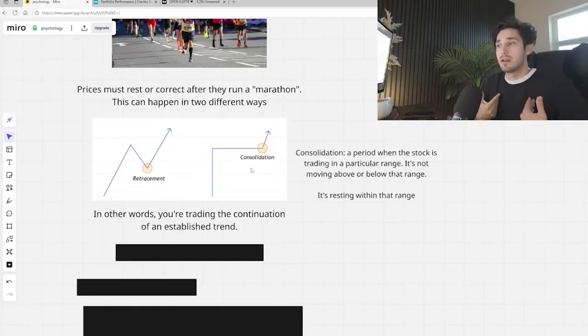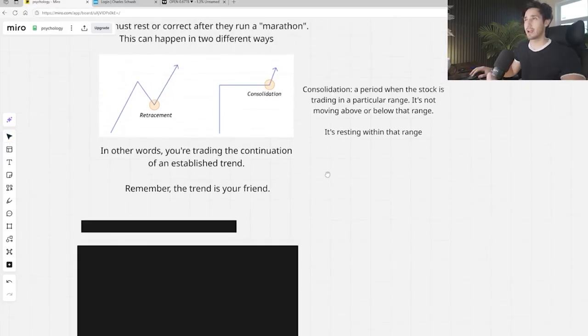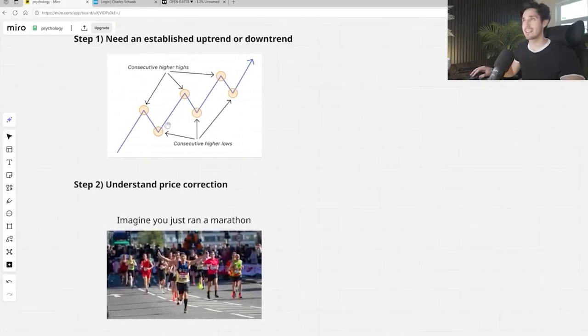In my opinion, that's the easiest way to make money with trading. Always remember that the trend is your friend, and our goal is to spot retracements and consolidations or breakouts within established uptrends in order to make money.